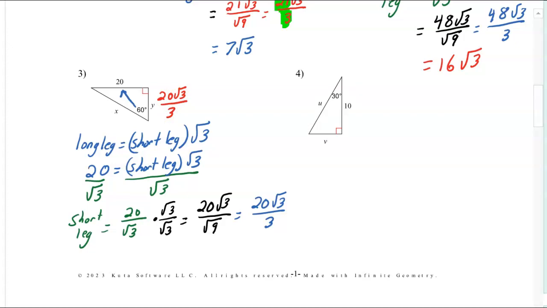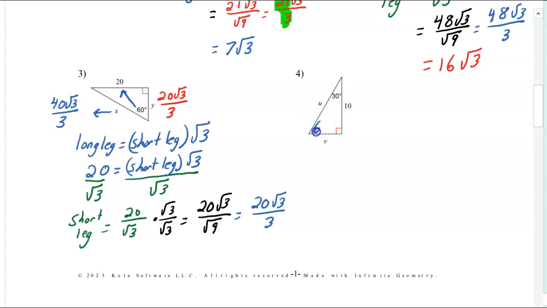In order to get the hypotenuse, we're going to double 20 square root of 3 over 3. When you double 20, you get 40. So the hypotenuse is 40 square root of 3 over 3. So let's do one more example.